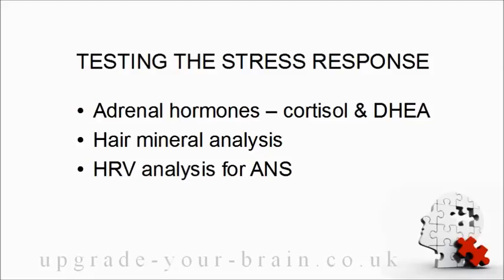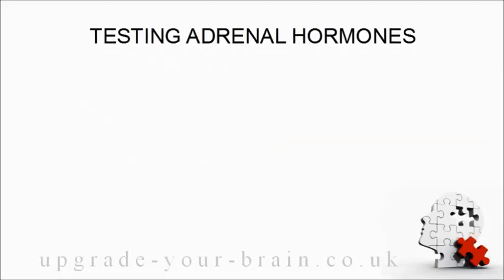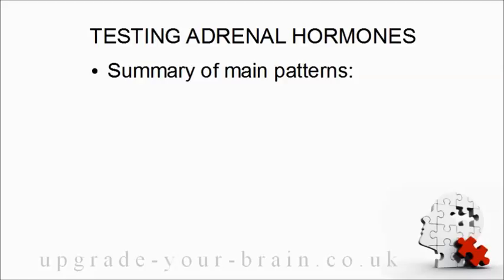That's going to tell you something about the autonomic nervous system balance. In a moment, I'm going to explain adrenal testing in more depth. I won't actually say anything more about HRV assessment, but there are some references in the additional materials section that you can follow up.